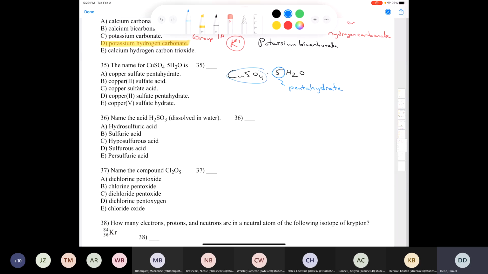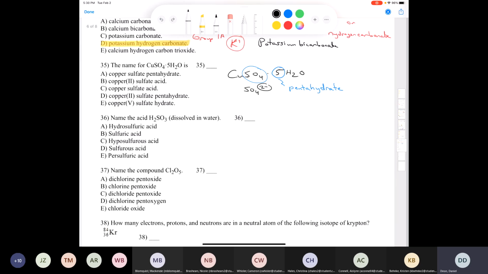Now we need to name this part here. We have copper, and does anybody recognize this polyatomic ion here, SO4? Who could tell me what polyatomic ion that is? We saw it this evening. Yeah, exactly. It's a sulfate. And we know that a sulfate always has a charge of 2 minus. Now, if the sulfate is 2 minus, what must the charge on the copper be to balance out 2 minus?